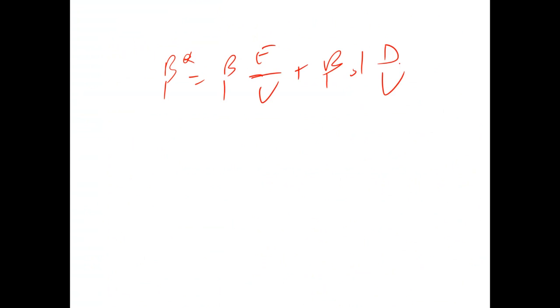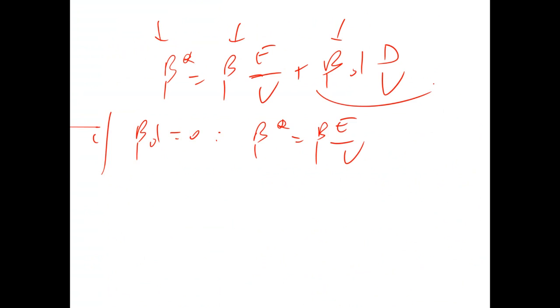And maybe one thing on that, you can check something. Beta star equals beta E E over V plus beta D, D over V. So operating beta, beta of the equity, beta of the debt. And you can check that if beta D equals 0, then you have beta star equal beta E, E over V, because this would be 0.